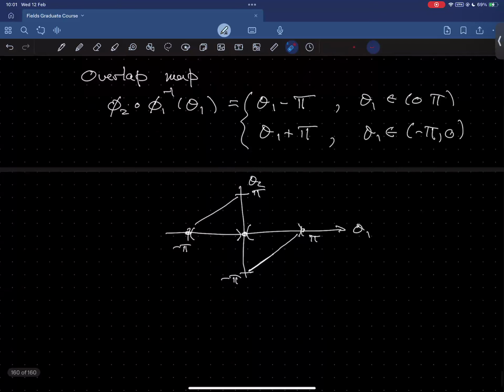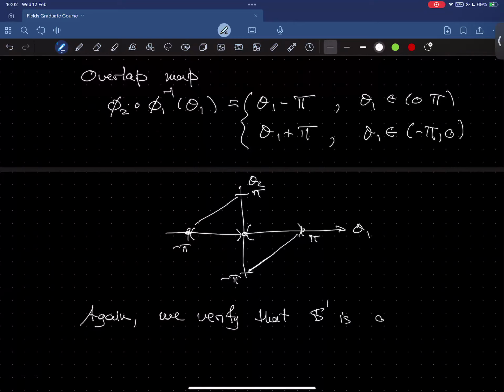Okay, good. So this, again, is another way of verifying that the circle, S1, is an infinitely differentiable manifold. So again, we verify that S1 is a C infinity R manifold.